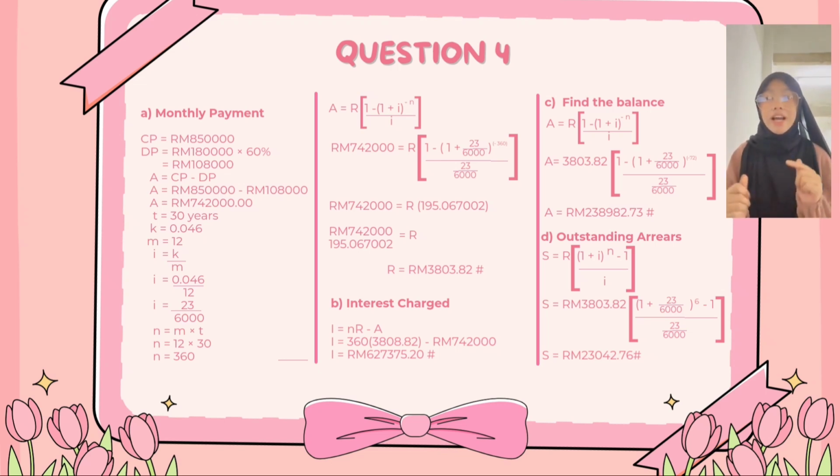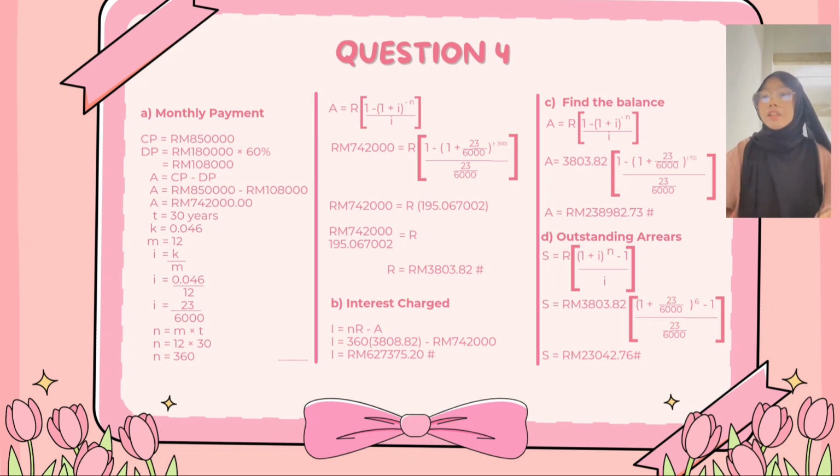We use the formula I equals to NR minus A. So 360 times 3,808.82 minus 742,000 ringgit. So we got the answer, and it is 627,375.20 ringgit. Next is C. To calculate this question, we need to use the formula given, which is A, the annuity formula.